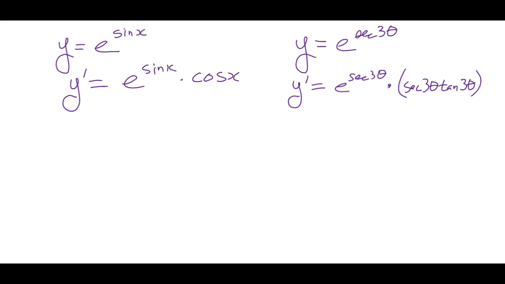The derivative of the inner function is 3. So, multiple applications of the chain rule. Let's just move the 3 up front. So we get 3e to the secant 3 theta times sec 3 theta tan 3 theta.